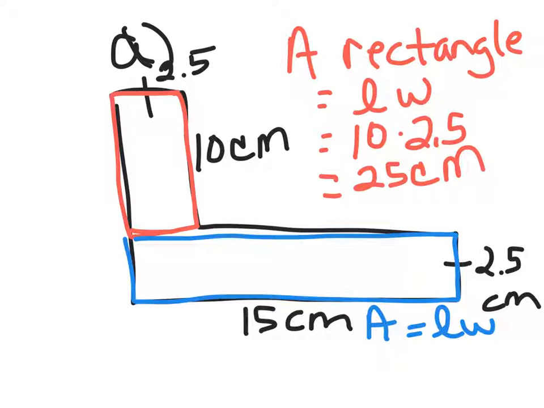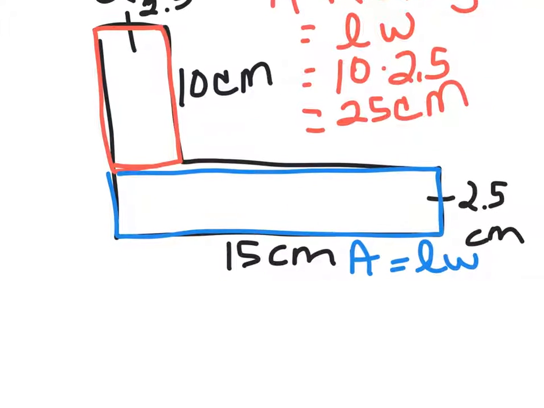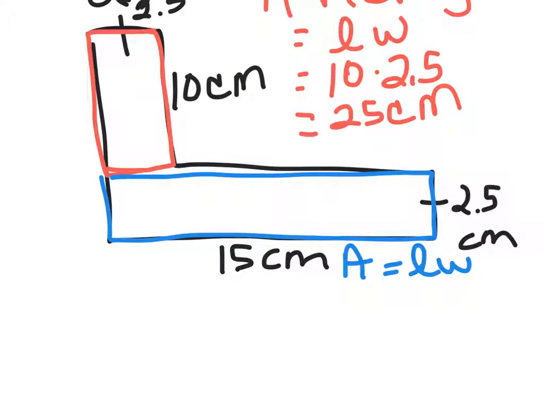My two numbers for this blue rectangle are going to be different than those of the red rectangle. My length here is 15 and my width is 2.5. Multiplying those together equals 37.5.